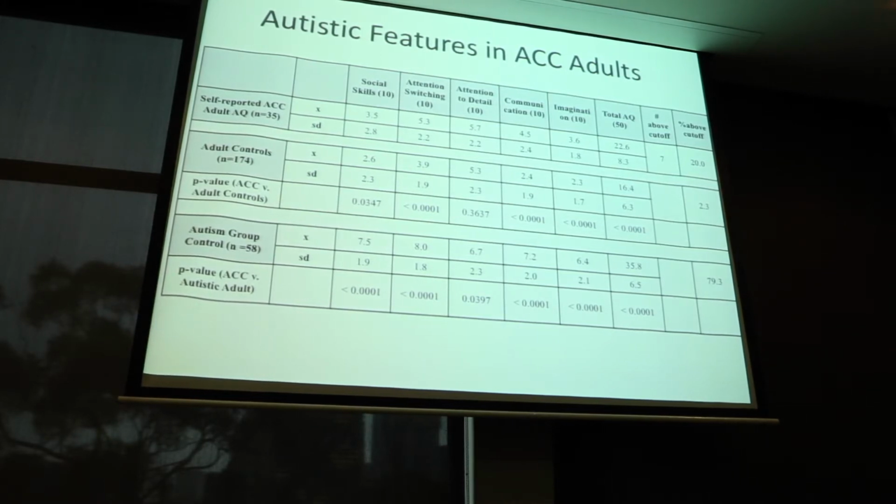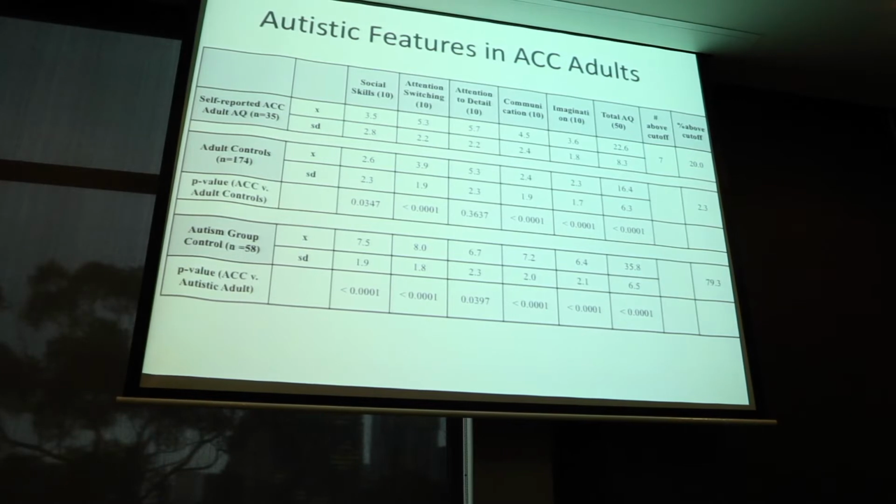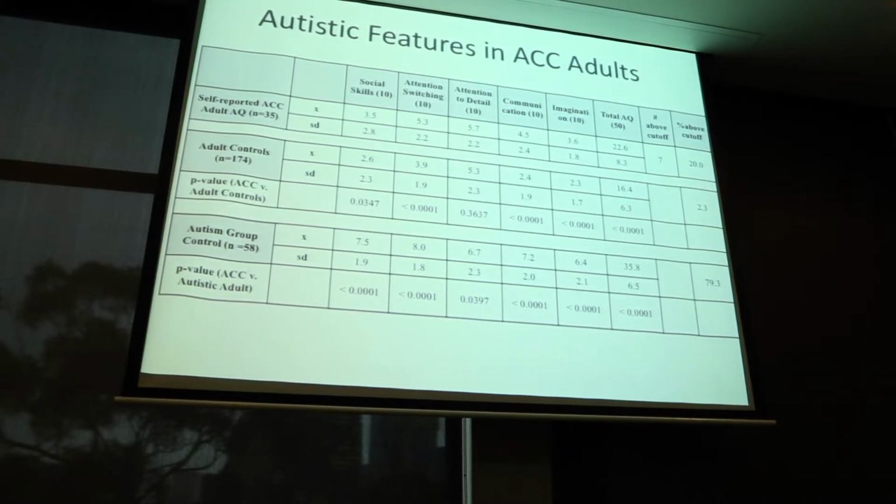And again, this is not a population study, so these numbers can't be 100% extrapolated and say, well, therefore, by definition, all the individuals who are children with ACC, 45% of them cross the threshold. These are the people who happen to be in our study, who happen to fill out the form, right? So there are caveats to all of this data.